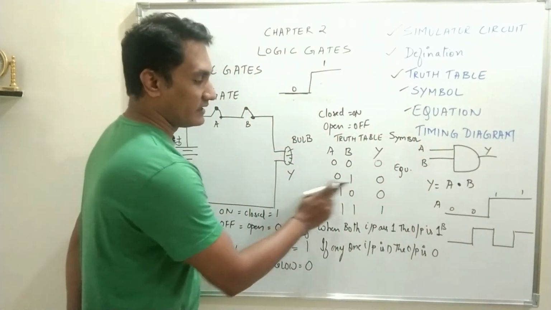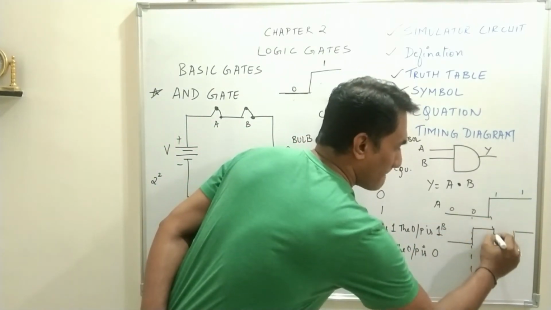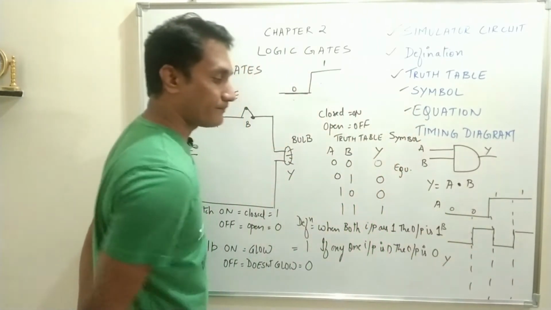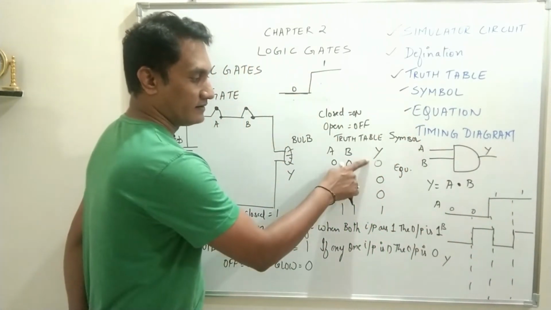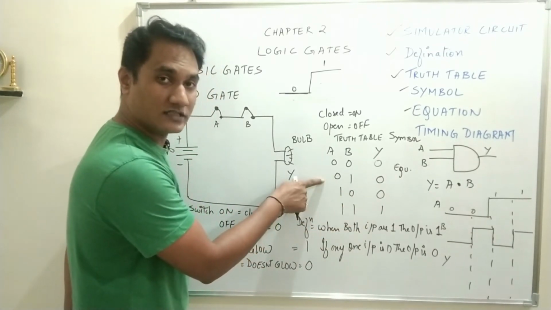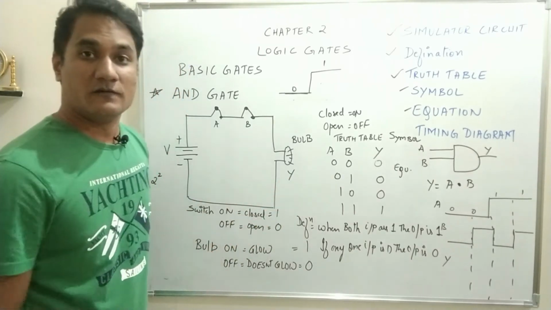So it is nothing but the graphical representation of the truth table, and then you have to draw the output waveform. So Y will be 0, 0, 0, 1. What is the logic for AND gate? When any one of the inputs is 0, the output will always be 0.